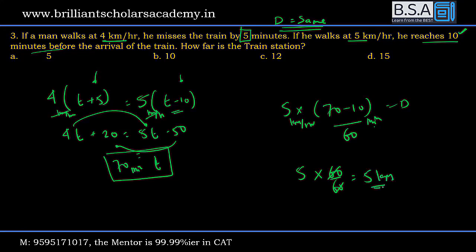So 5 kilometer is the distance of train station from person's home or wherever he is walking from. 5 kilometers is the distance from the original place of this particular person.